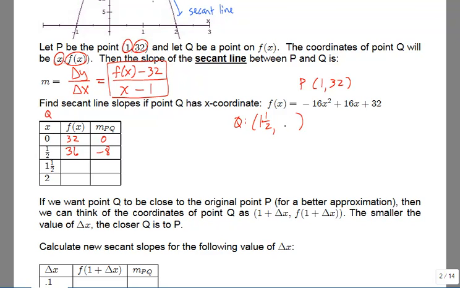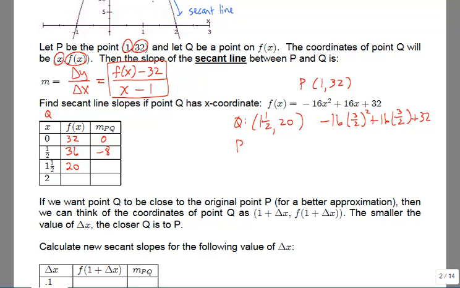So to find the y value, to find this f of x, we're going to take 1.5 and just plug it into our function. So negative 16 times 1.5, which is 3/2 squared, plus 16 times 3/2 plus 32. And when you simplify that, it turns out to be 20.